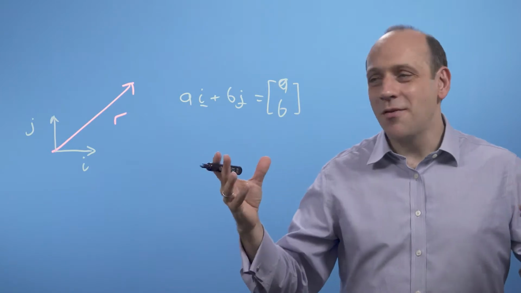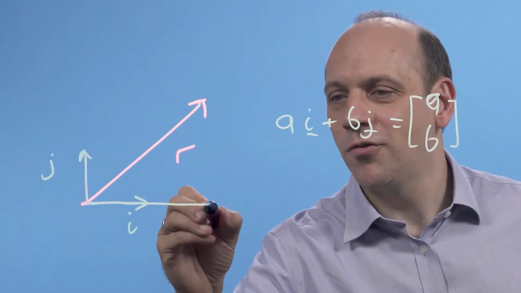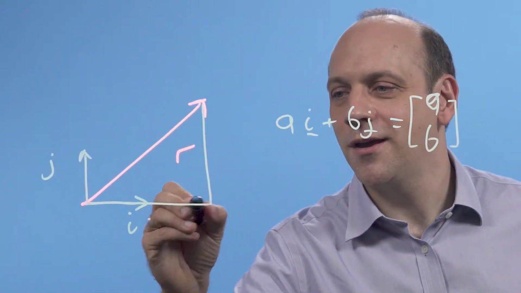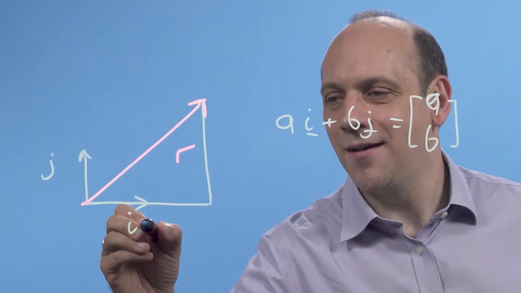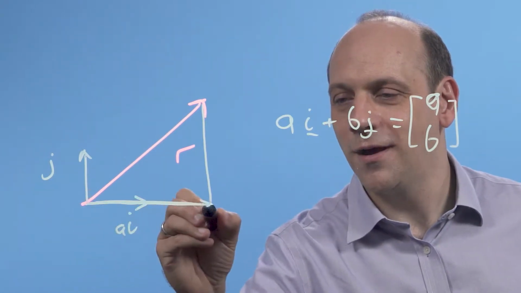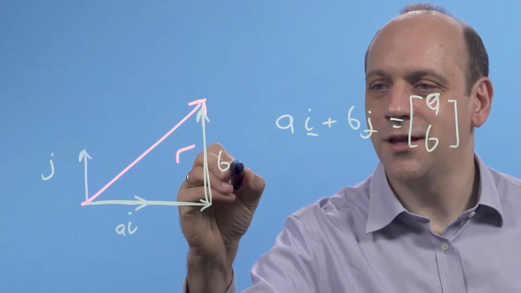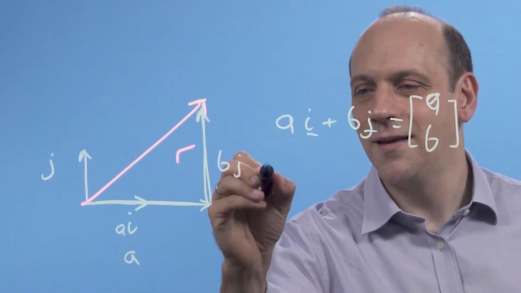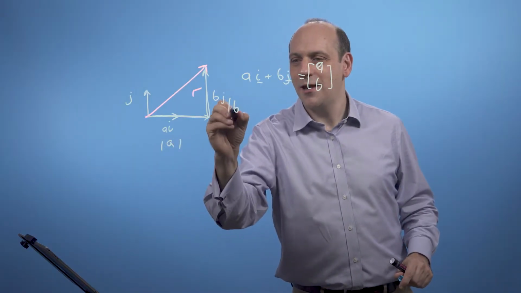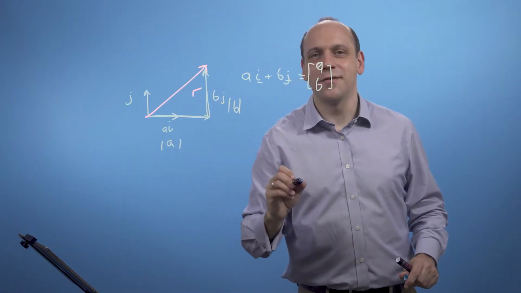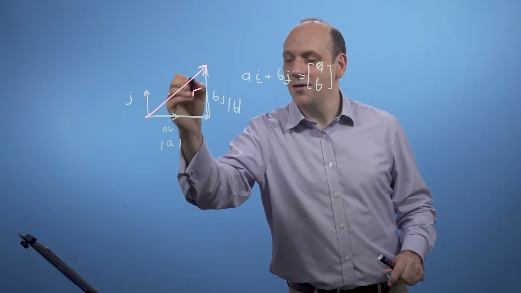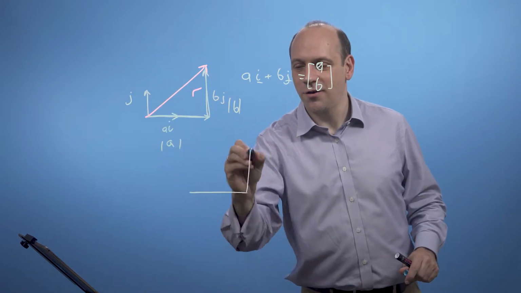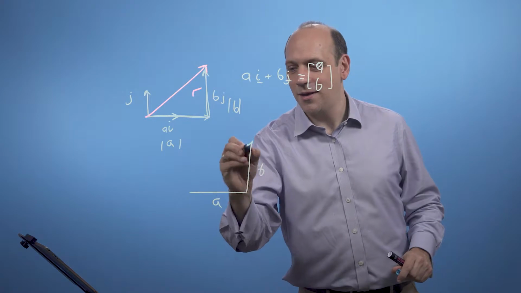Now, if we want to know the length of R, well, we can draw a triangle, right? And then we can use Pythagoras' theorem. So we've got ai going along this way, and we've got bj going along this way. And if i and j are both of unit length, that is, the length of those is just a here and b here, where the vertical lines on either side mean the size. So then we can use Pythagoras' theorem just for a triangle, where we've got a there, b there.